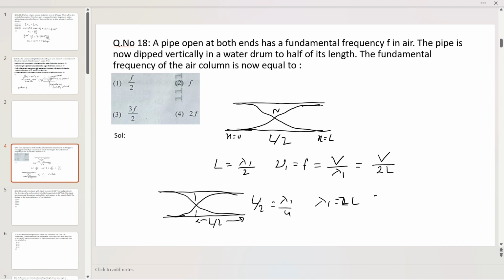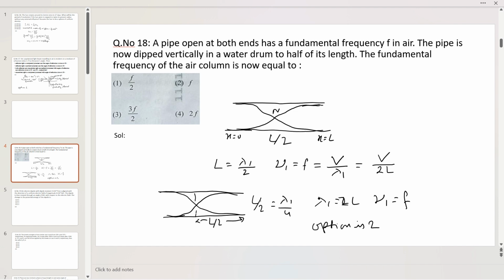So your frequency will be f. So your second option, option 2, is the answer.